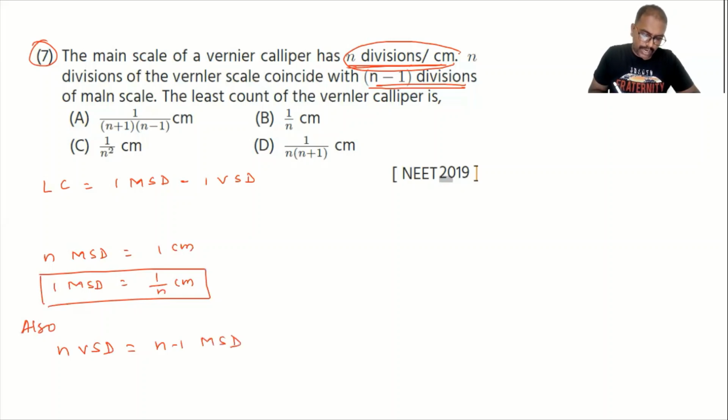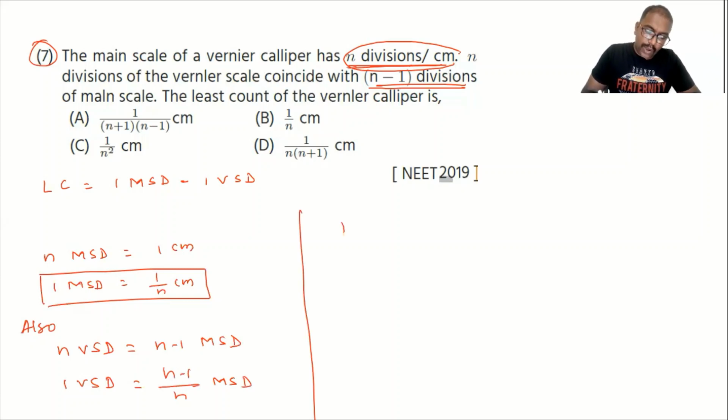So I can write 1 vernier scale division is equal to n minus 1 divided by n main scale divisions. Main scale division I can write as 1 by n centimeter. So we get n minus 1 divided by n square as 1 vernier scale division.